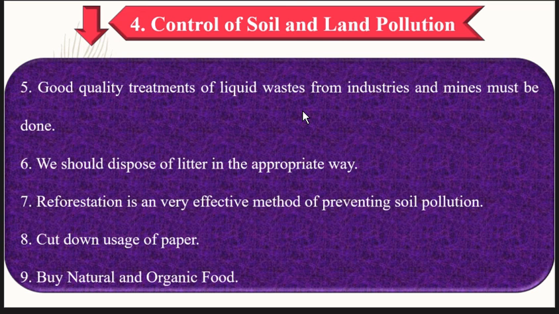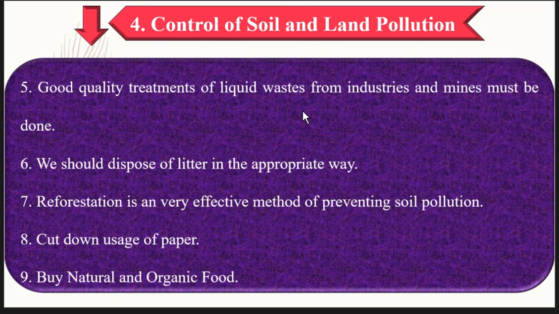Next is cut down usage of paper. We should try our best to cut down usage of paper or use recycled paper. In this way, fewer trees need to be cut down and there would be reduced deforestation. Next is buy natural and organic food.